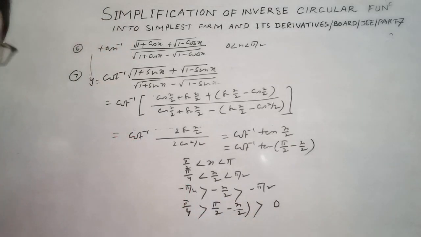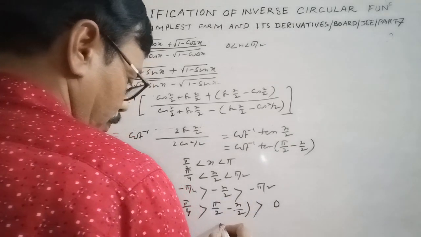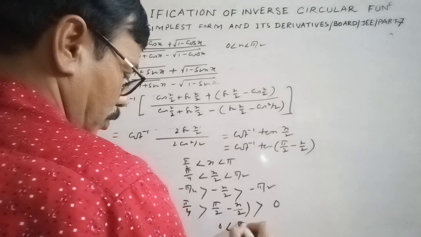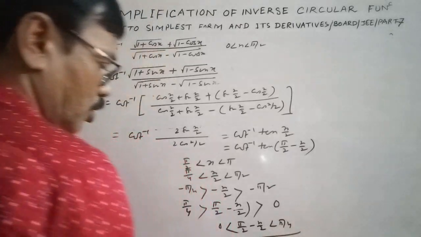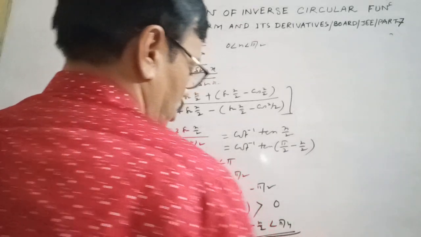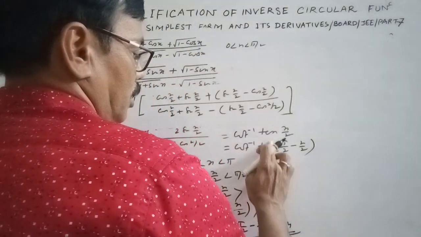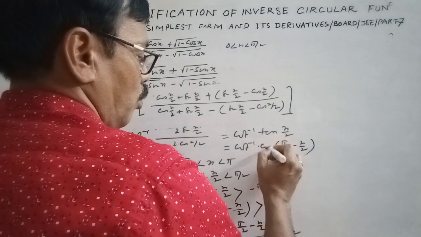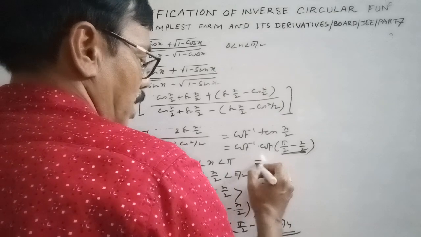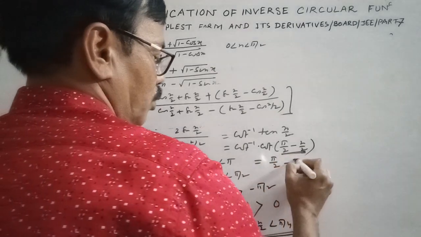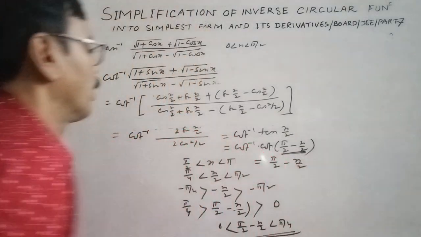That is, this argument lies in 0 to pi/4 if we write it in reverse form. So it belongs to the principal value of cot inverse. So this is cot inverse of tan x/2. Now this belongs to the principal value, so the final result is pi/2 minus x/2.